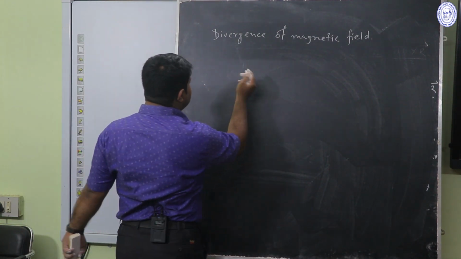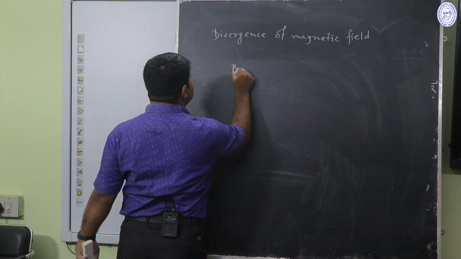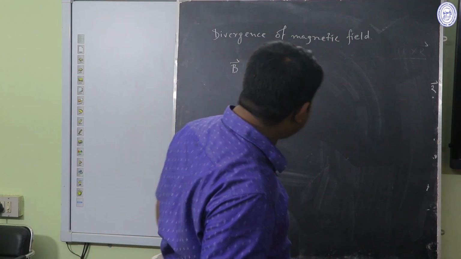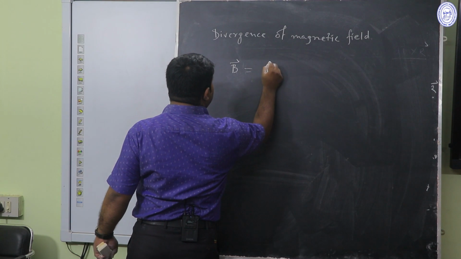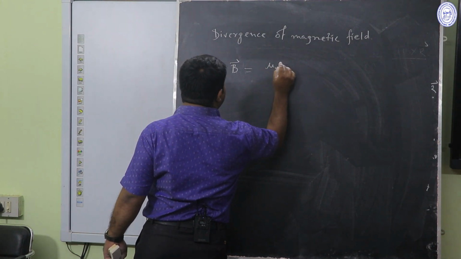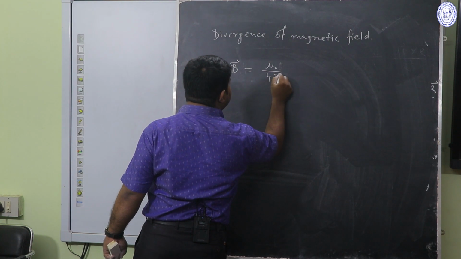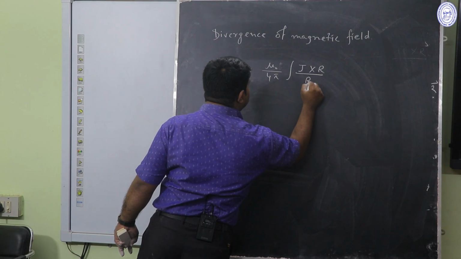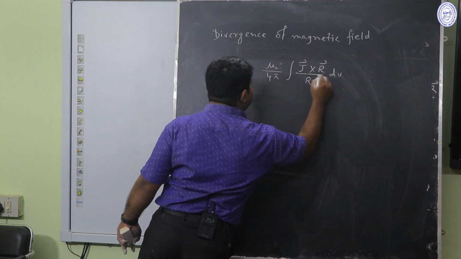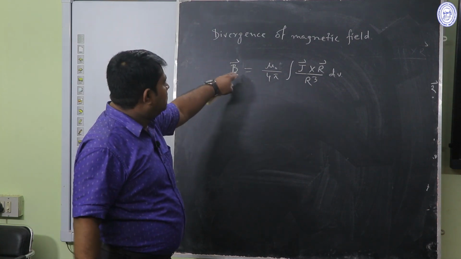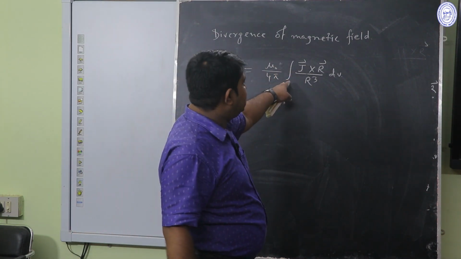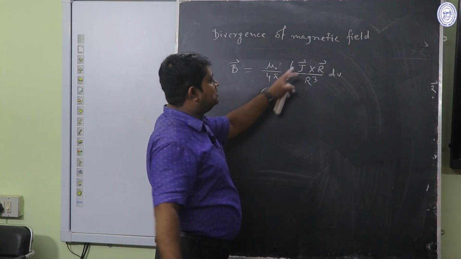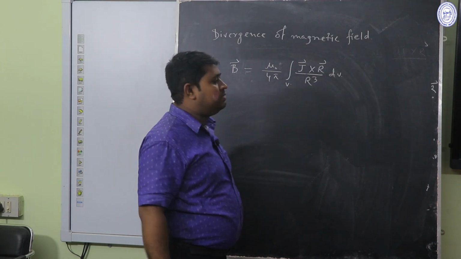We know that according to Biot-Savart law, the magnetic field due to the volume current distribution of charge is equal to mu 0 by 4 pi integration over volume J cross R by R cube into dV.